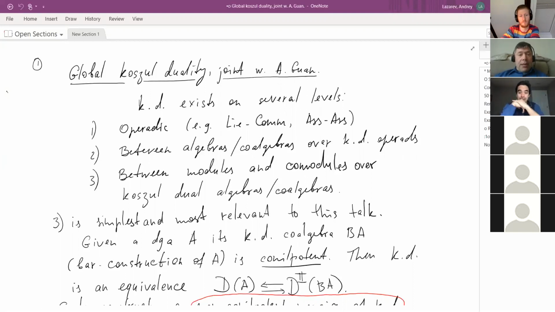Each level somehow is to do with the level one above. So the lowest level, duality between modules and comodules, kind of presupposes some kind of Koszul duality on the associative level. That would be the duality between modules over an associative algebra or differential graded associative algebra, and comodules over its Koszul dual. And it is this simplest level that is most relevant to this talk.